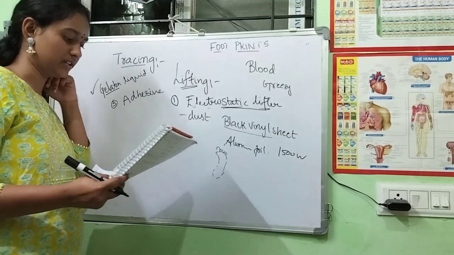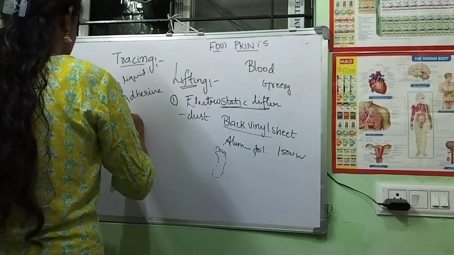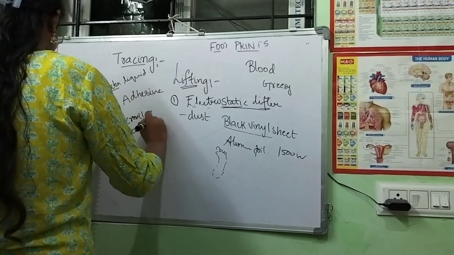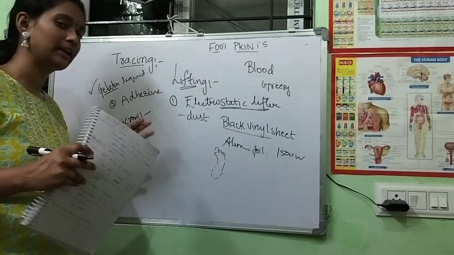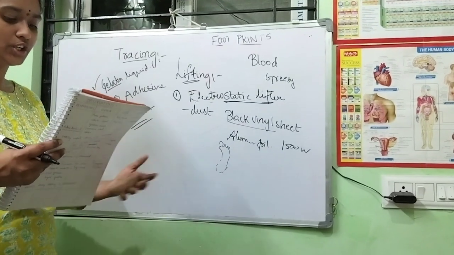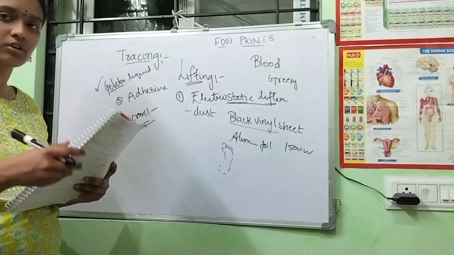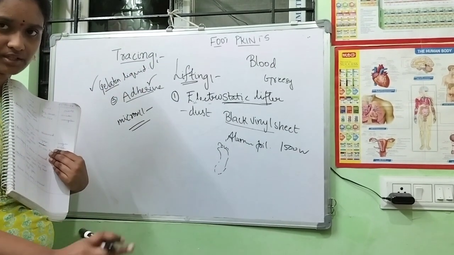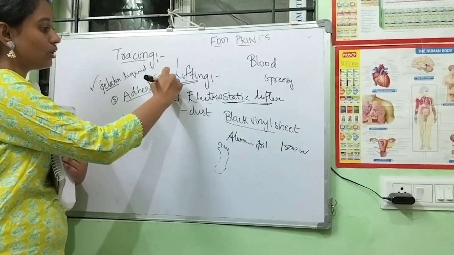And then is micro seal. Here one element, that is silicone, is used to lift the powder impressions on uneven surfaces. The earlier ones are used on even surfaces, like floors or cupboards.